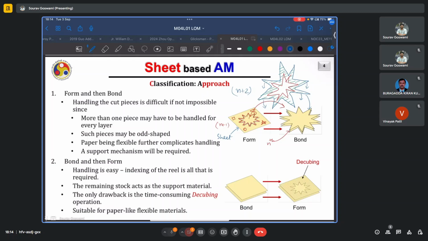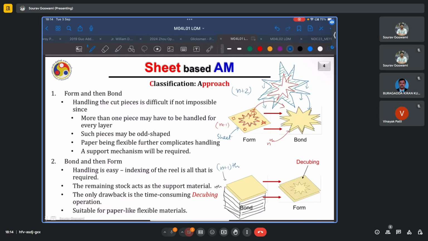On the other hand, if you use a bond and then form approach, that is, say you have a previously deposited structure, you have been depositing this for some time, say these are the layers, and to the nth layer, now you're adding this n plus 1th layer.